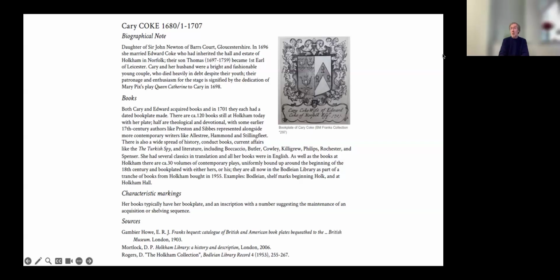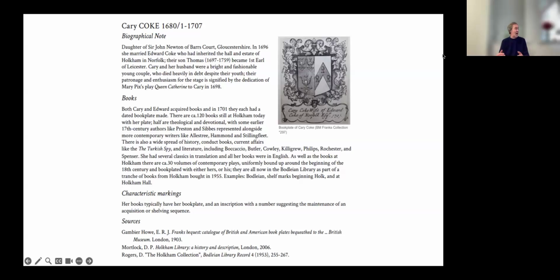And we have a field called characteristic markings, where, if possible, we describe briefly the ways in which that person typically marked their books, because one of the uses of this database is to enable people, whether they're curators or collectors or dealers or whoever, who have got some kind of evidence in a book in front of them.